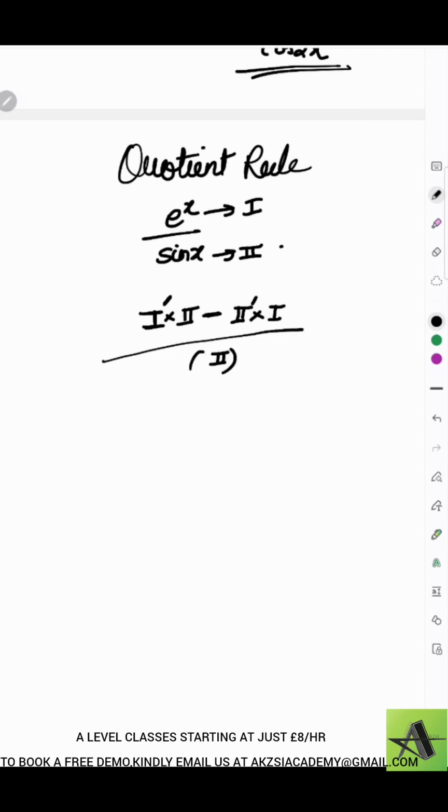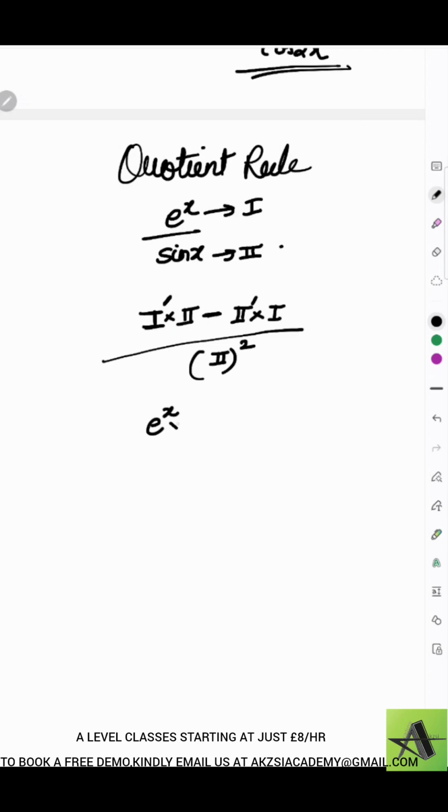So now you can understand why it's very important to specifically make the numerator the first function and the denominator the second function. So if I apply this whole rule to e to the power of x over sin x, we'll get this: the first function, differentiation of first function, which is e to the power of x, is just e to the power of x.